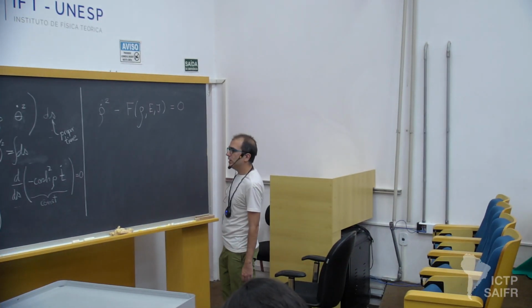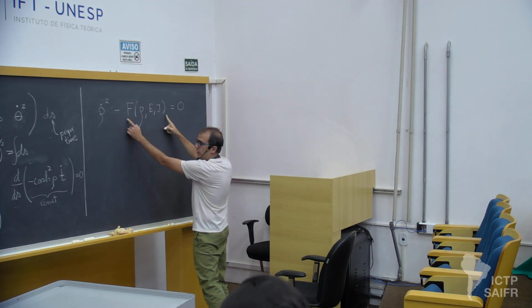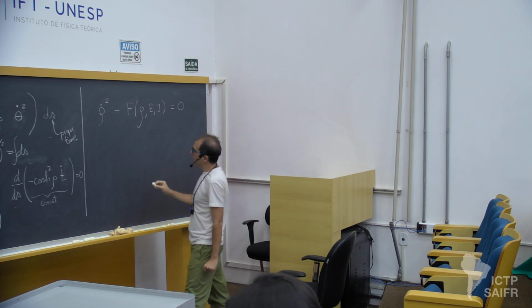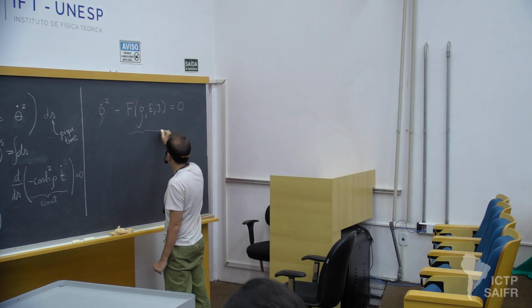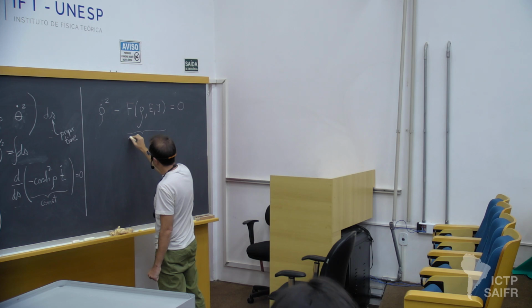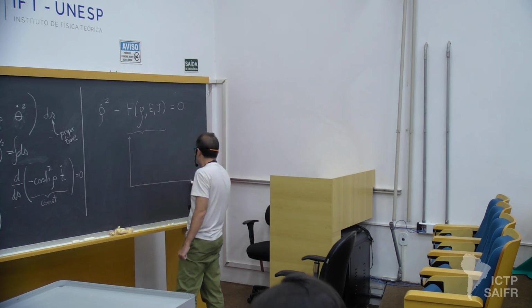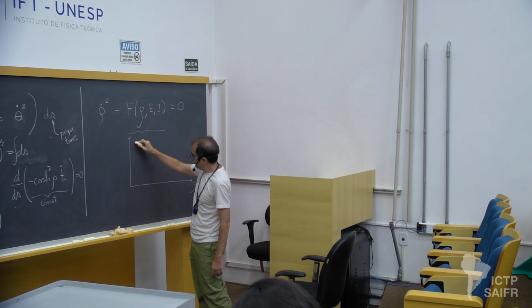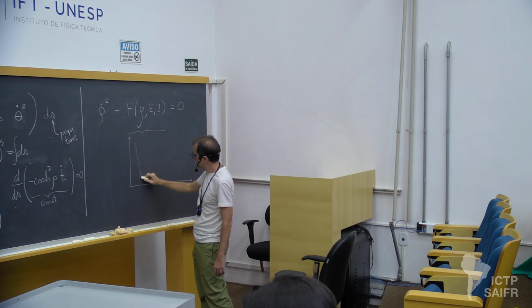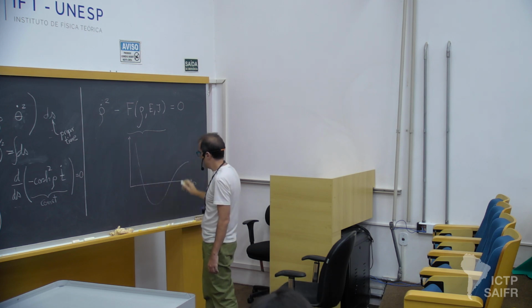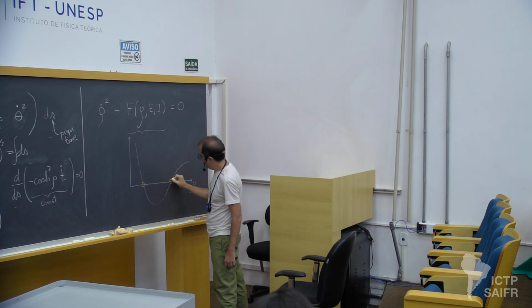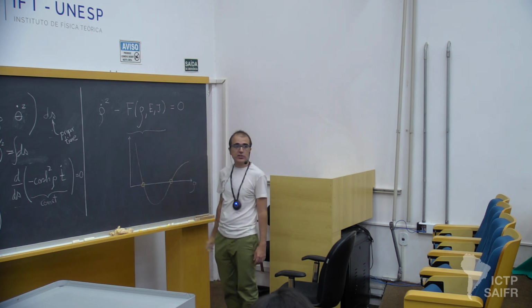And now you would analyze this function depending on the values of E and J. What you will find if you plot this function as a function of rho is that it looks something like this, which means there are two values, here and here, where this function vanishes.